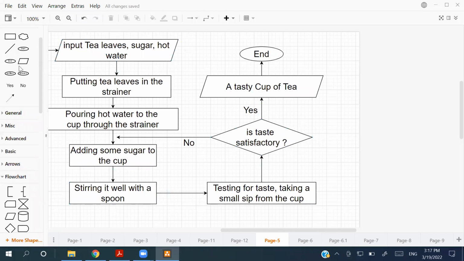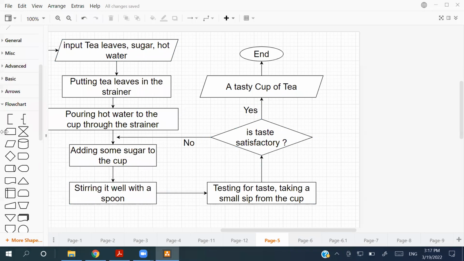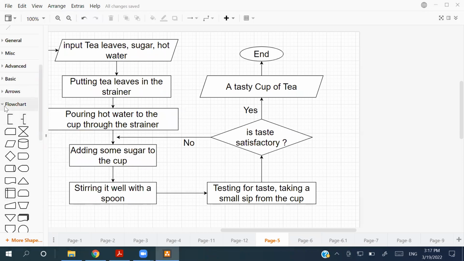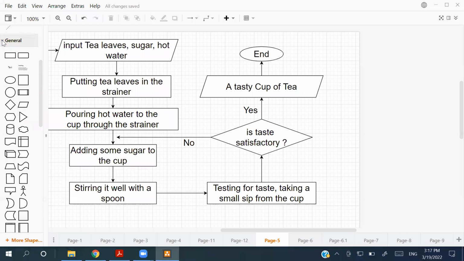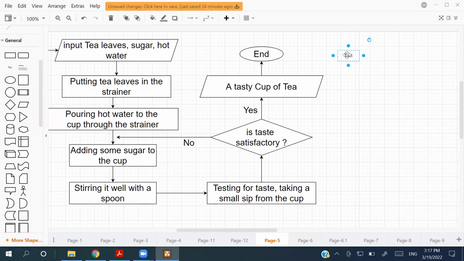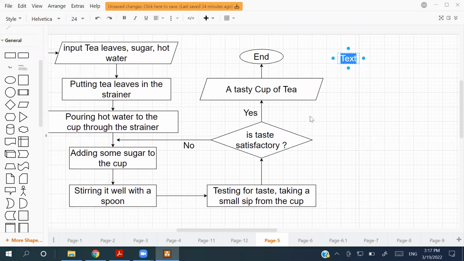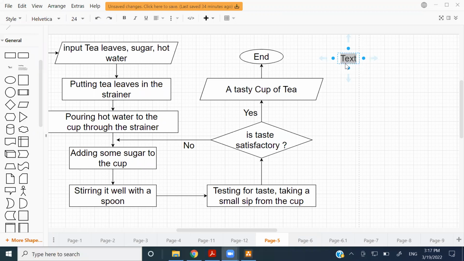Now, let me take... where is my text? It's over here. Okay. Right. So now you've got this flow chart in your books. I want you to refer to those things, right?